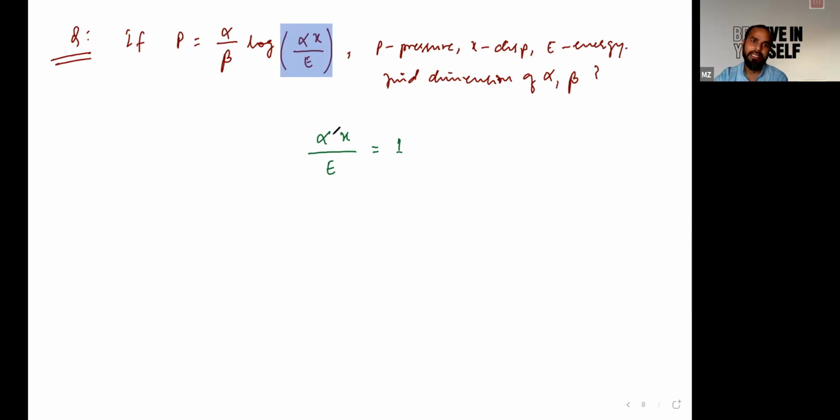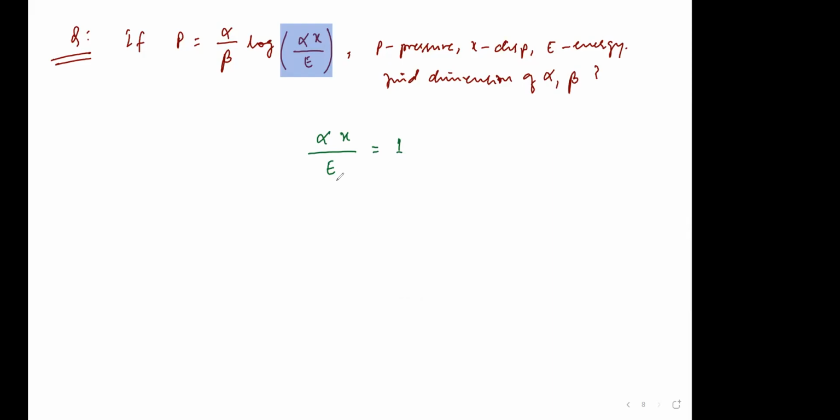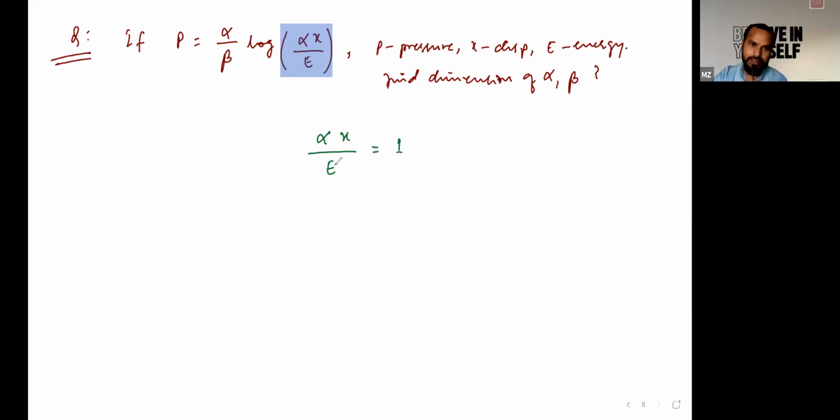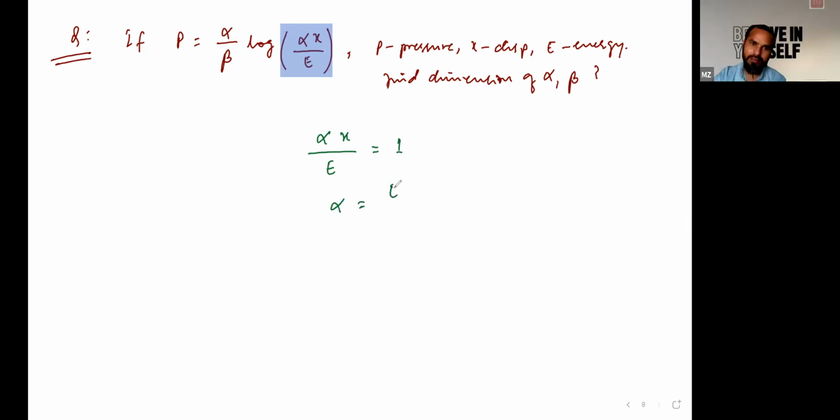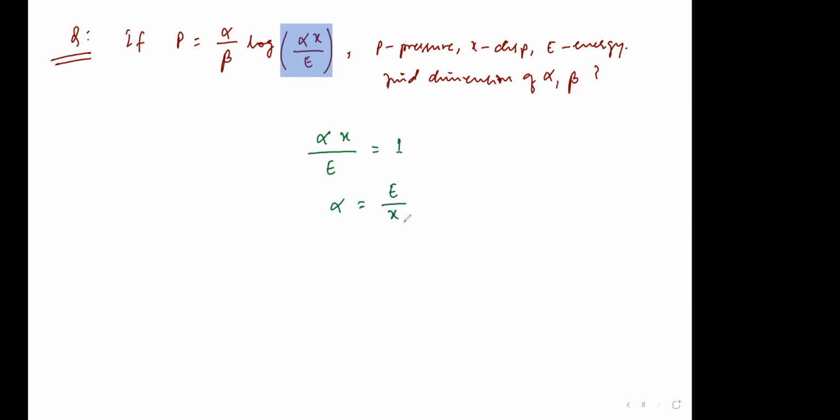So we'll shift the e to the right side. Since it is in the denominator, on going to the other side it would be in the numerator. And similarly for x, it would be in the denominator. Good. Now put the dimension of each part and try to solve.